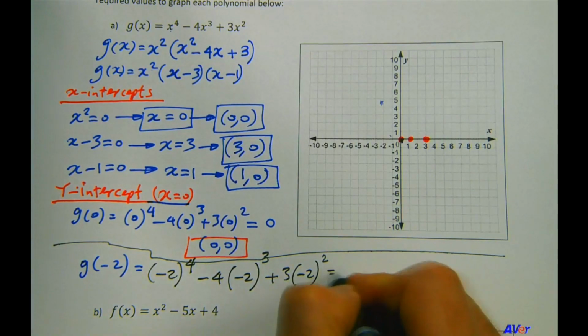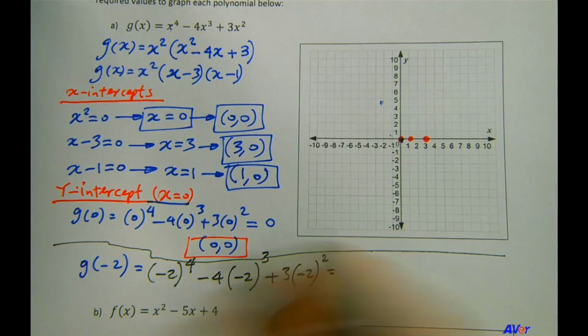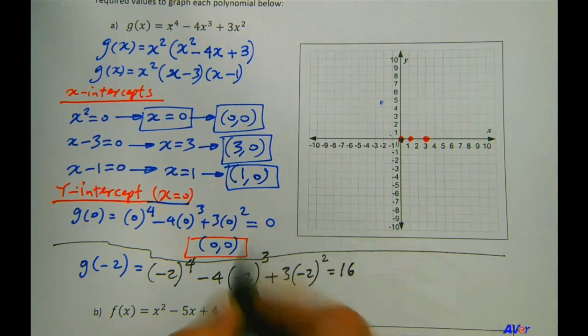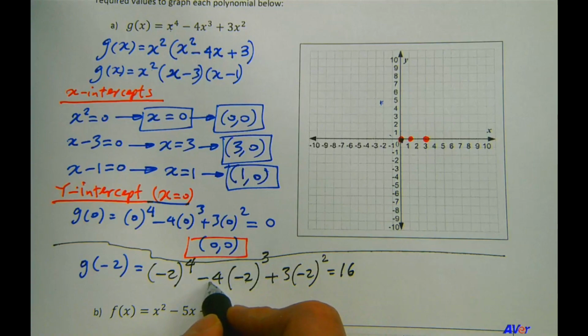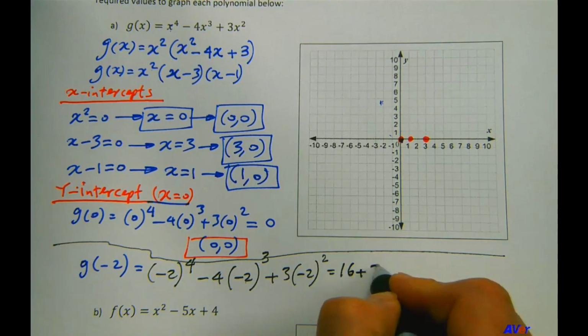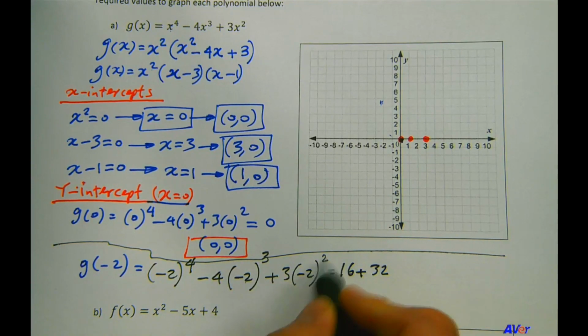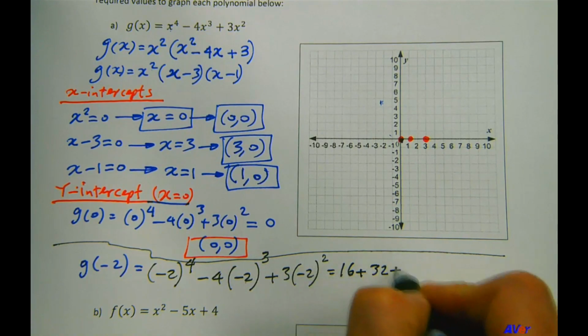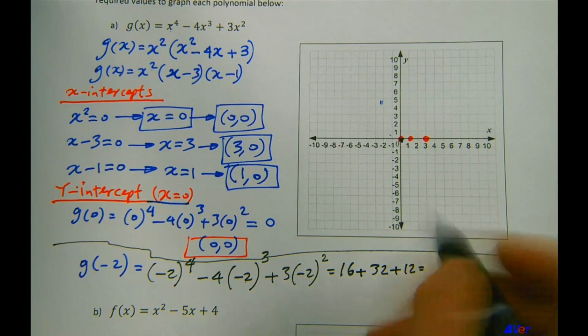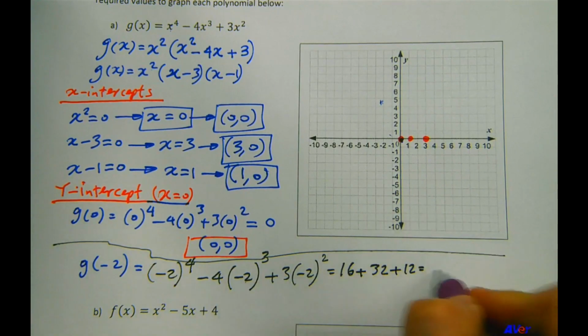Okay, so (-2) to the 4th power is positive 16. (-2) cubed is -8, times -2 is positive 16, so positive 32. (-2) squared is positive 4, times 3 is positive 12. So we end up with a positive value.